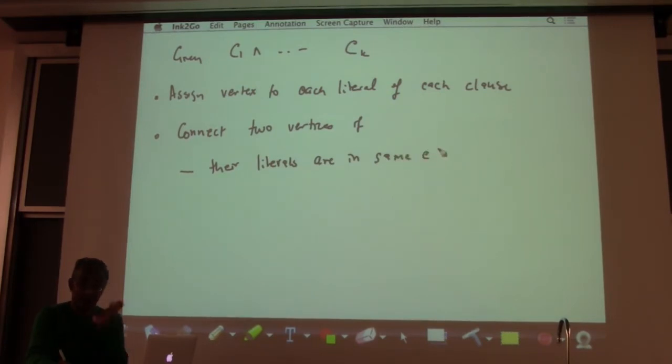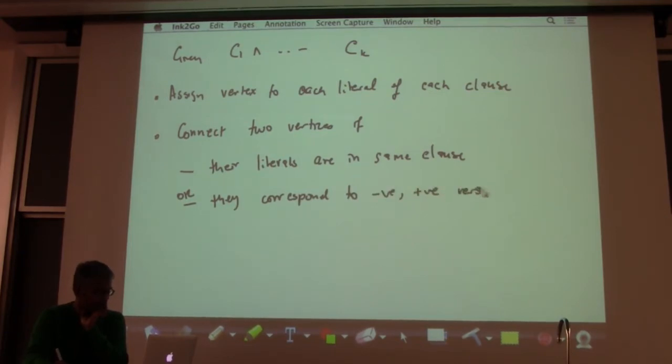And this is the part we could omit if we want to try it. Or they correspond to negative and positive versions of the same variable. Okay? That's the first part of the reduction.